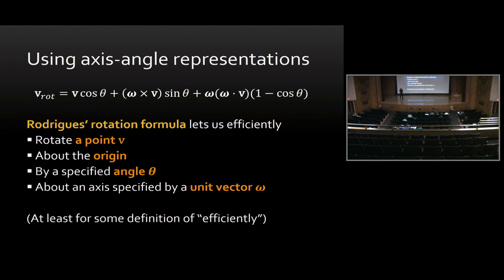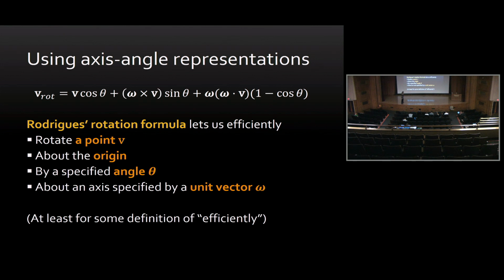And then the other person besides Rodriguez, who's sort of a really big name in the development of rotation, is Rodriguez. And Rodriguez was the first person to come up with a formula for how you figure out, given a point in 3 space, where does it go. He actually came up with this formula without the benefit of people having invented vectors before.